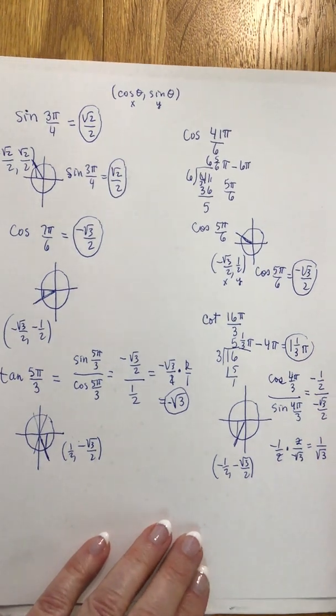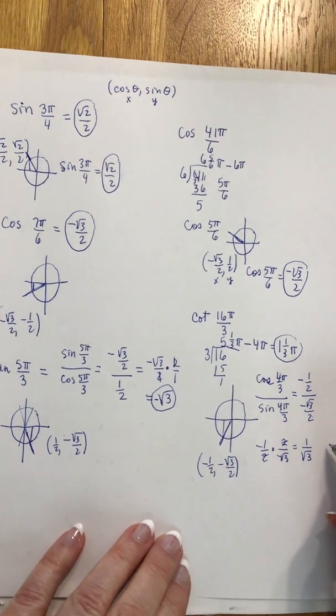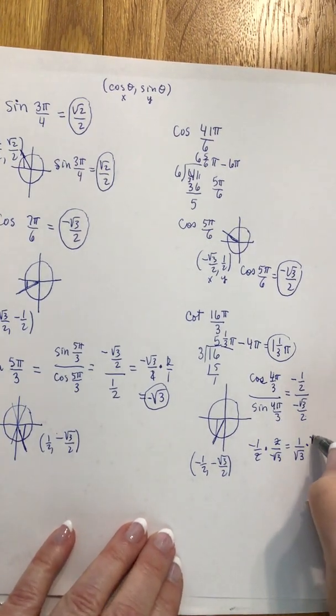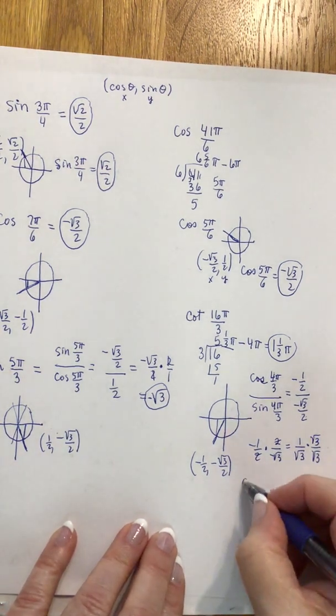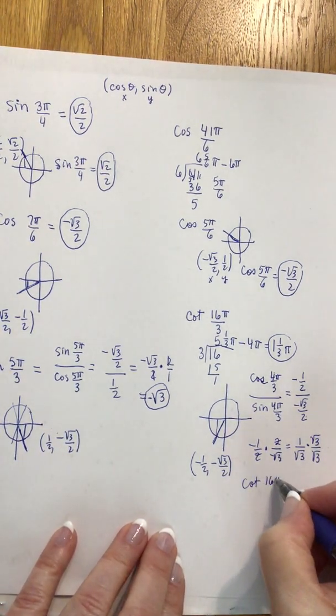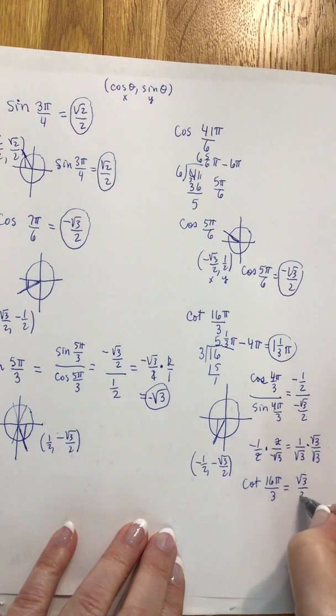But we can't leave it like that because it's got a radical in the denominator. So I multiply the numerator and the denominator by square root of 3. So I get cotangent 16 pi over 3 equals square root of 3 over 3.